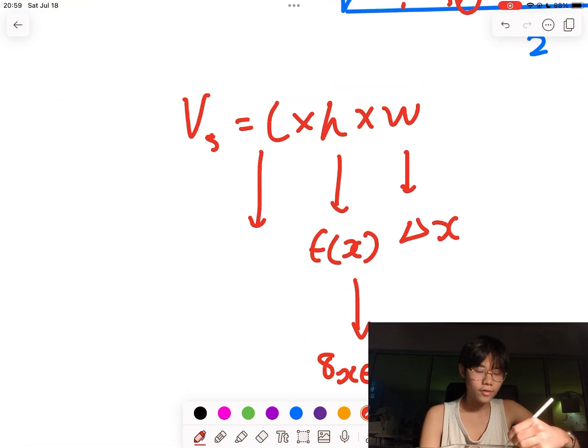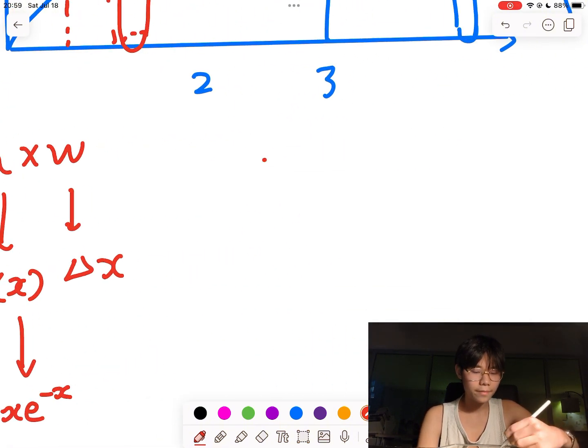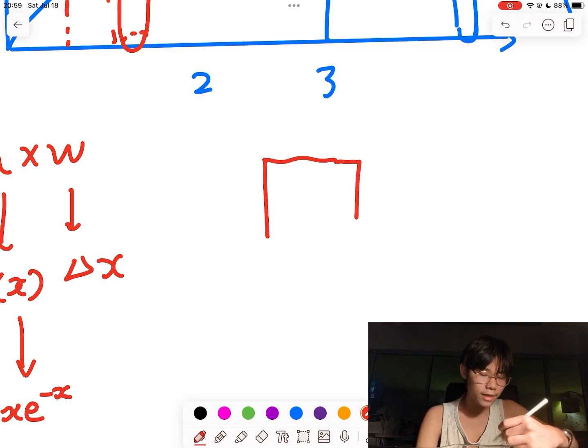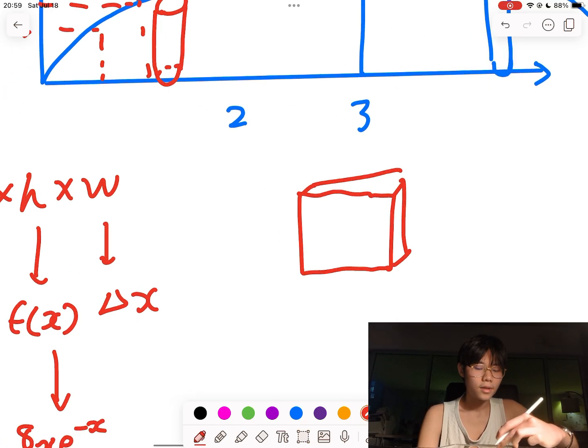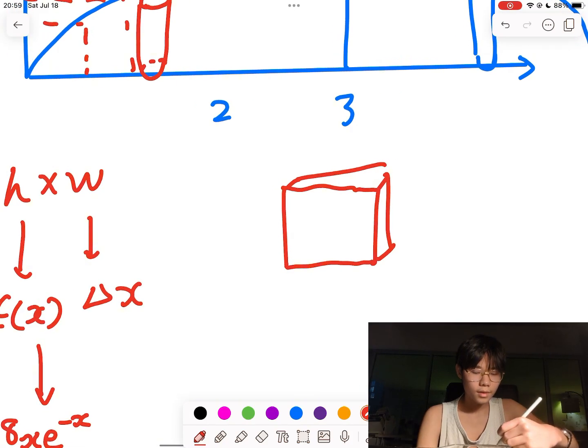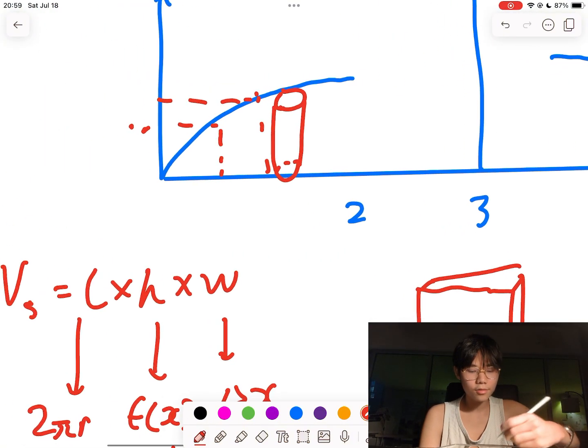Next part is our length. Length is the circumference of the cylinder. Let's say you cut open a cylinder. It becomes a 3D rectangle. This bottom part is the length. How is that the circumference? At the bottom, this was a circle.